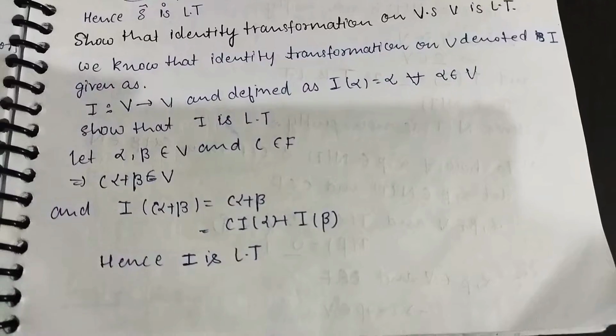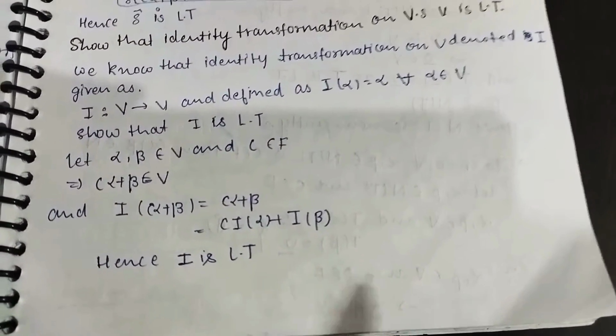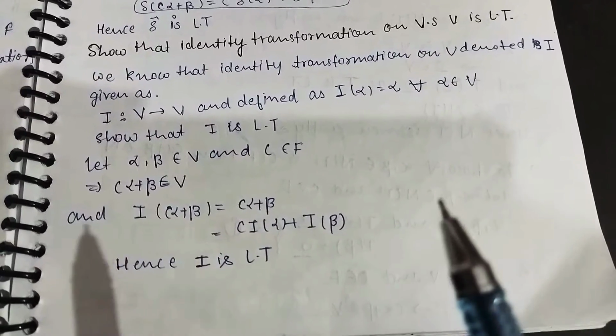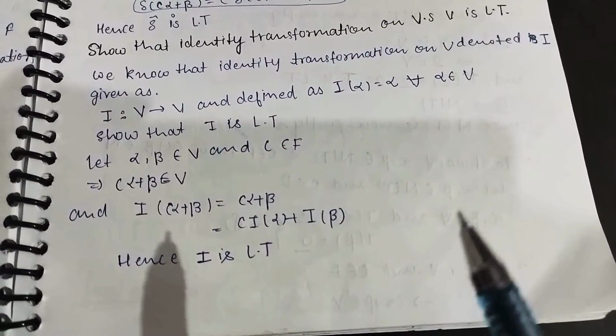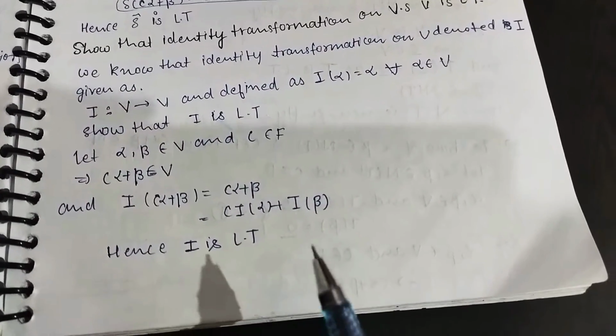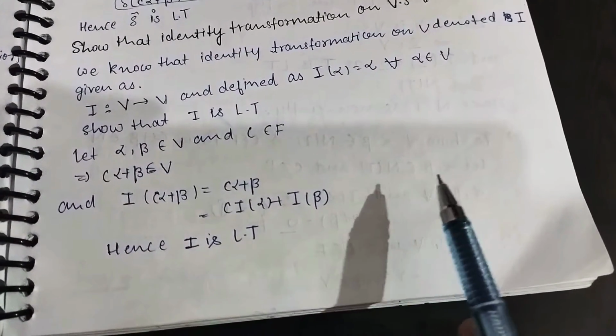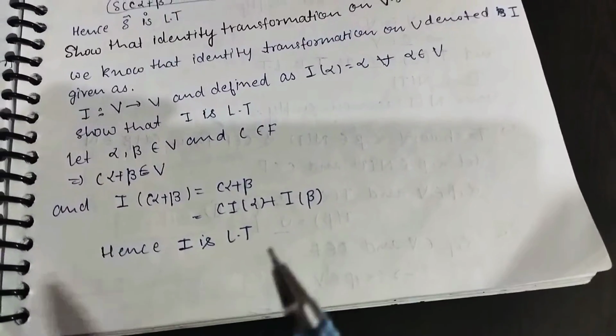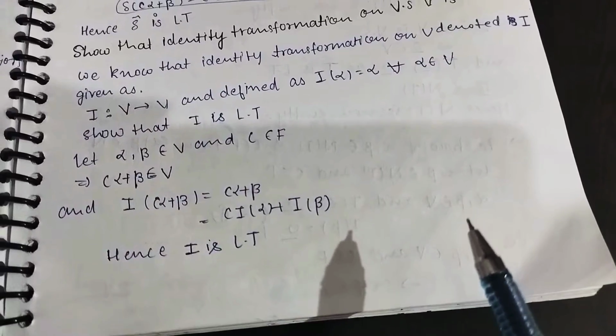Let α and β belong to V and c belong to F. cα + β belongs to V, and I(cα + β) = cα + β = cI(α) + I(β). So hence I is a linear transformation.